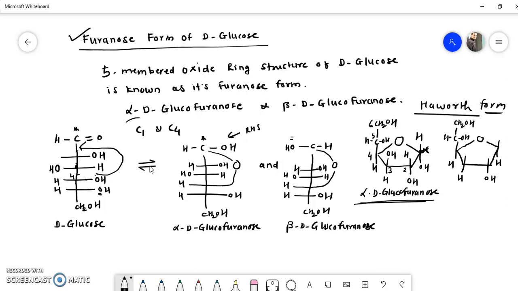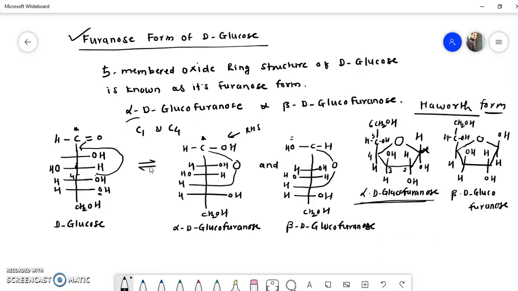Okay, now again we can draw in this way. Okay, so this is the structure of beta D glucofuranose. So both these are the Haworth forms of alpha D glucofuranose and beta D glucofuranose.